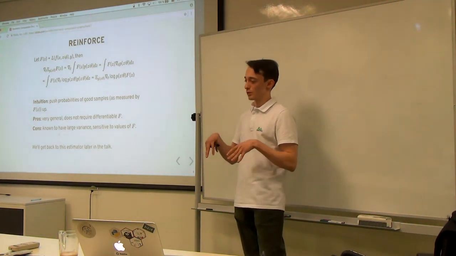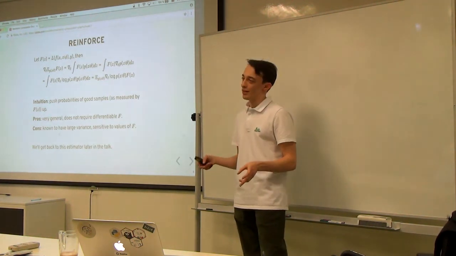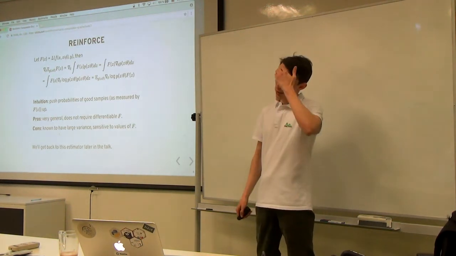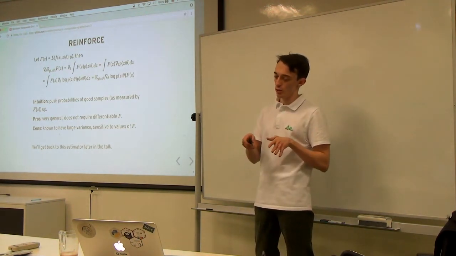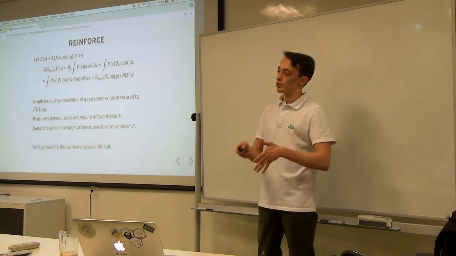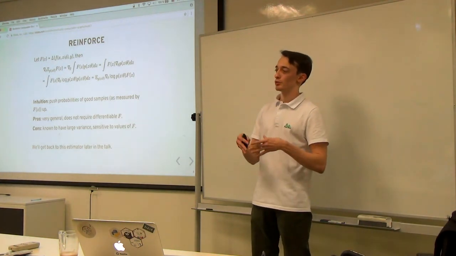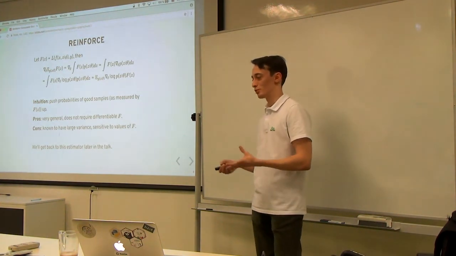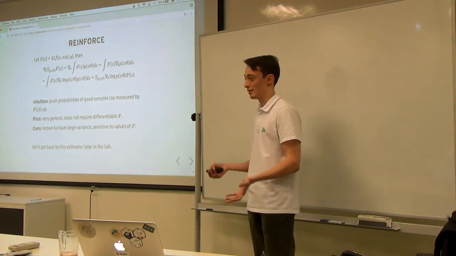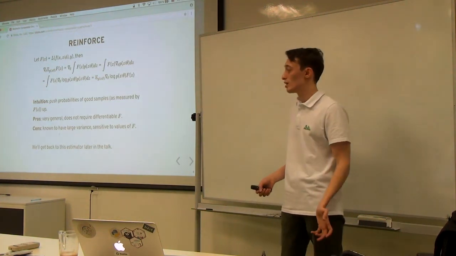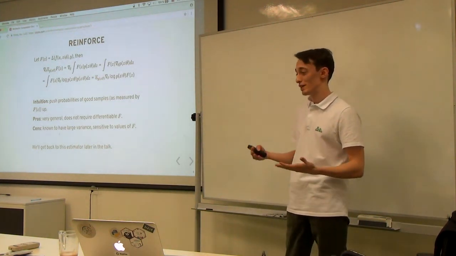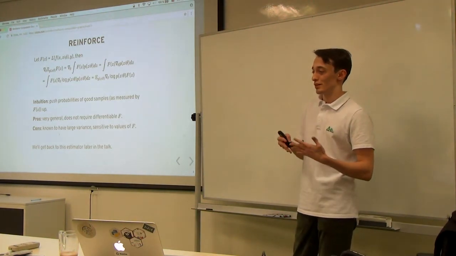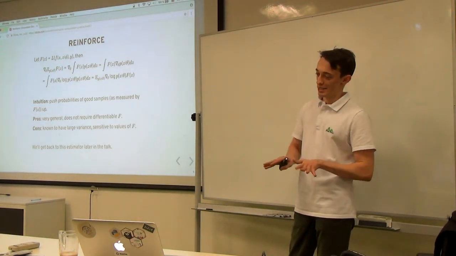So when you renormalize it, when you get your probabilities back, that would mean that for good samples, you will decrease their probability only slightly, and for bad samples, you will decrease their probabilities a lot. So when you renormalize it after, the bad samples will decrease.